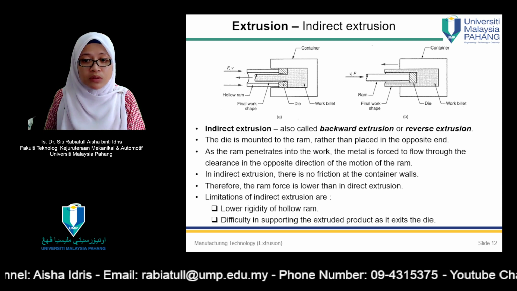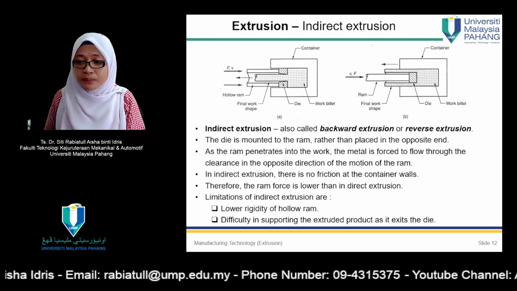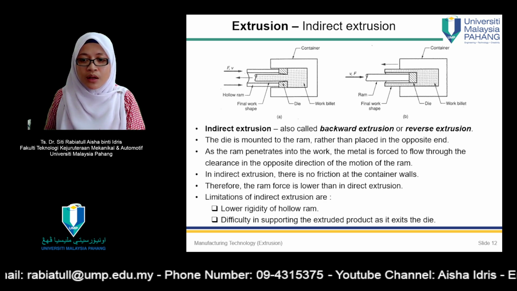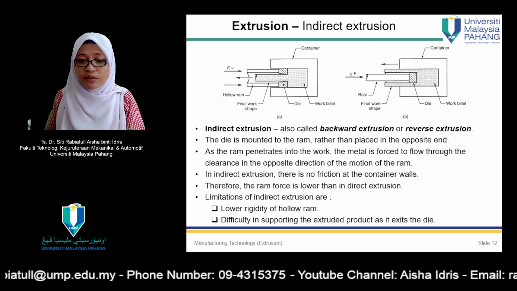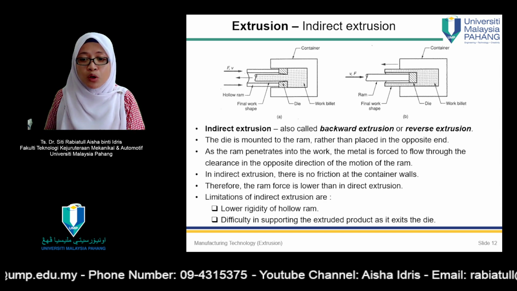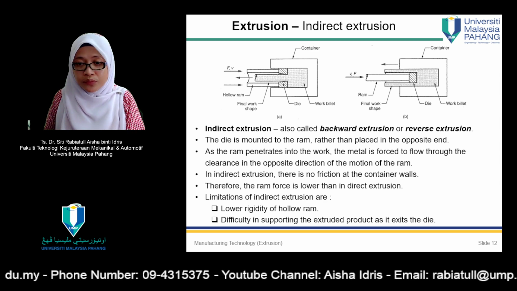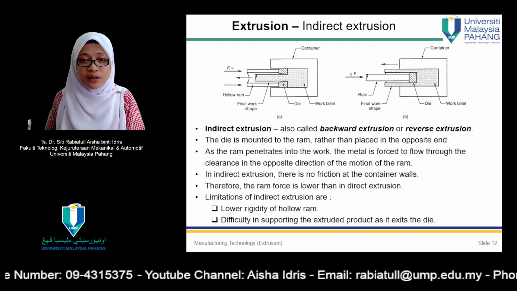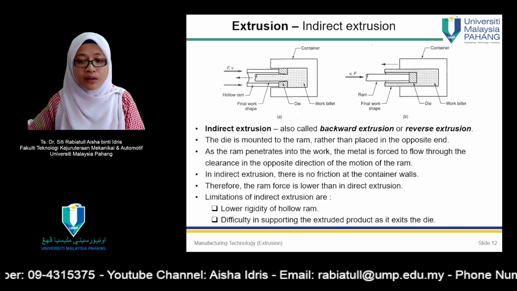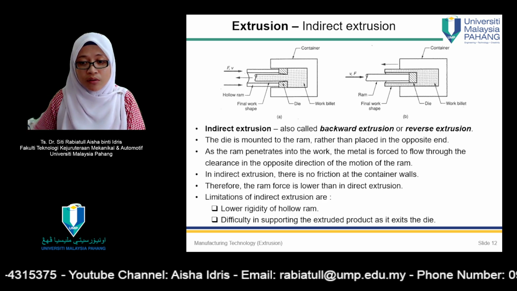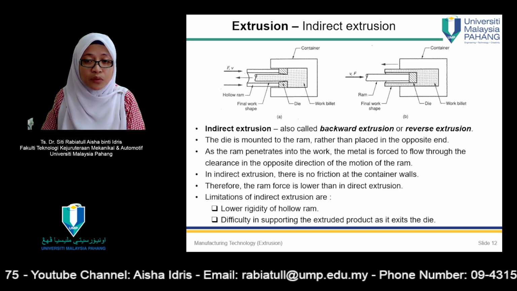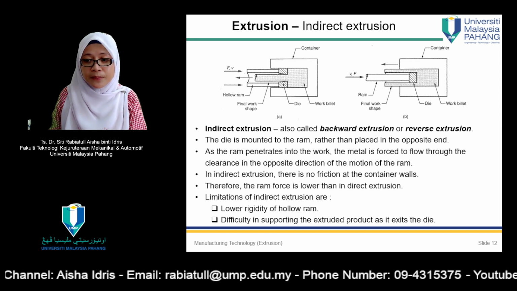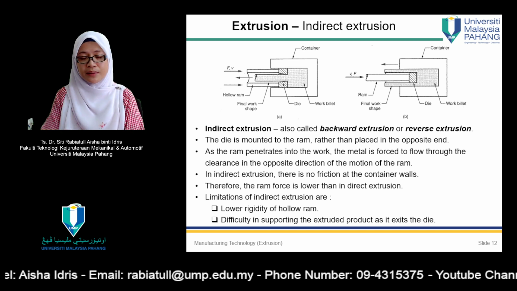The die is mounted to the ram as mentioned earlier, and for this type of extrusion, there's no friction at the wall of the container, and therefore lower force is used for this process. However, there are also limitations for this process, like lower rigidity of the hollow ram and it is difficult for us to hold the product because it exits the die.